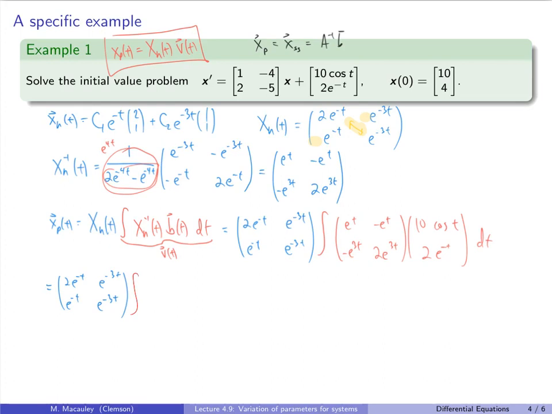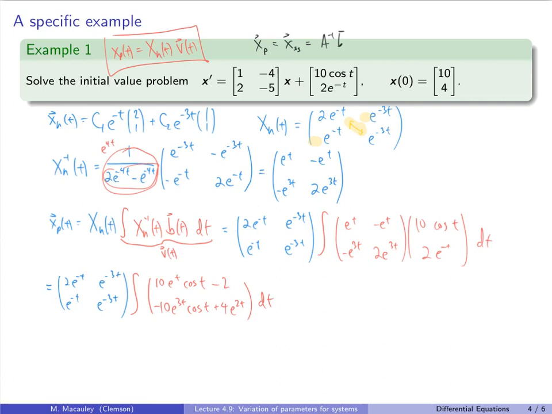On top, that is 10 e to the t cosine of t minus 2. And on bottom, that's negative 10 e to the 3t cosine of t plus 4 e to the 2t, dt. I did that a little quickly, but I did it on scratch paper that I'm looking at right now. It's just this matrix times this vector. There's nothing hard or tricky about that.